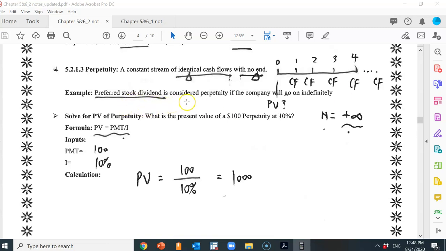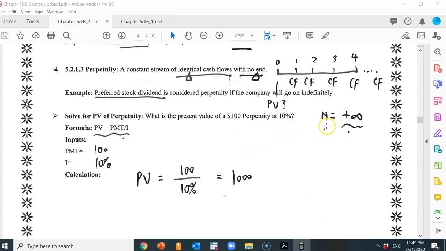Preferred stock dividend is considered a perpetuity if the company will go on indefinitely. Preferred stock promises to give you dividends at fixed intervals, at a fixed amount. So if the firm doesn't go bankrupt, you will get a fixed amount of dividends forever. Now, for example, what is the present value of a 100 perpetuity at 10%?